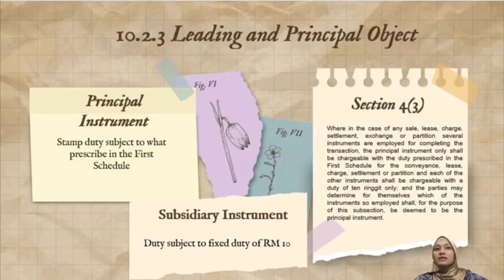Principal instrument: stamp duty subject to what is prescribed in the First Schedule. Subsidiary instrument: duty subject to fixed duty of 10 ringgit.